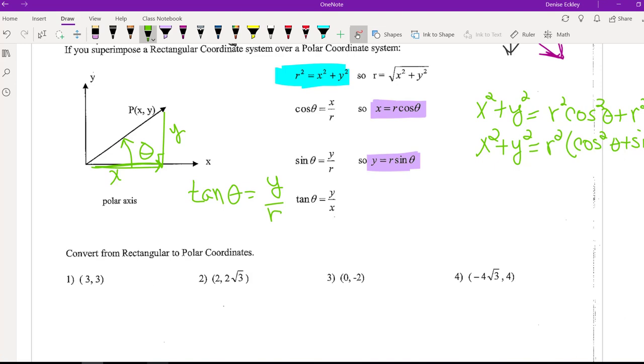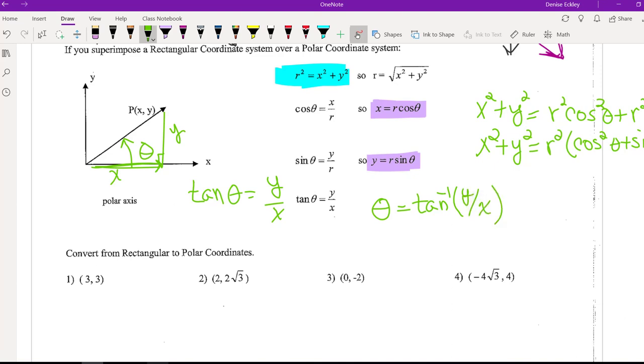I'm sorry, y over x. I was looking at this one by accident. So this is y over x. So normally we say that theta is the inverse tangent of y over x. So I'm going to stop there.